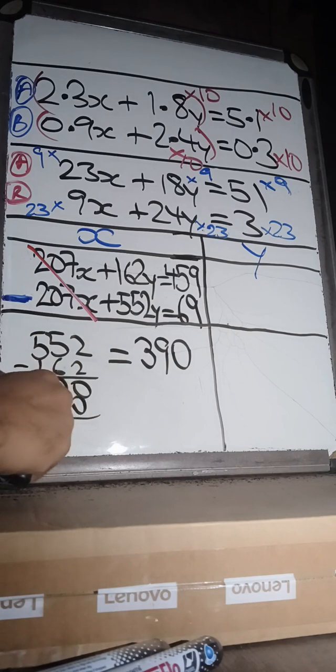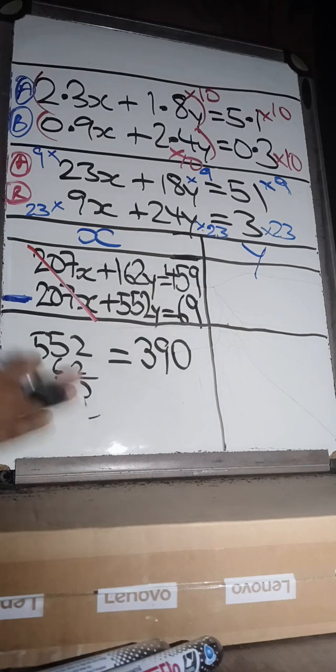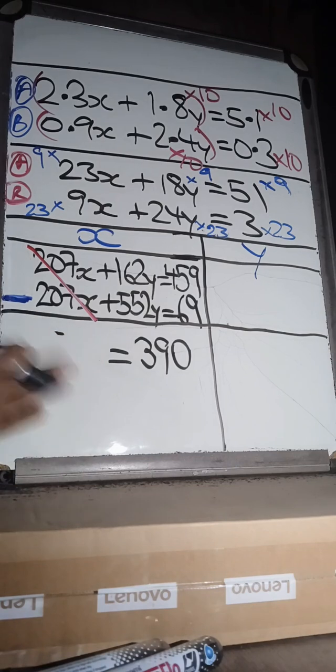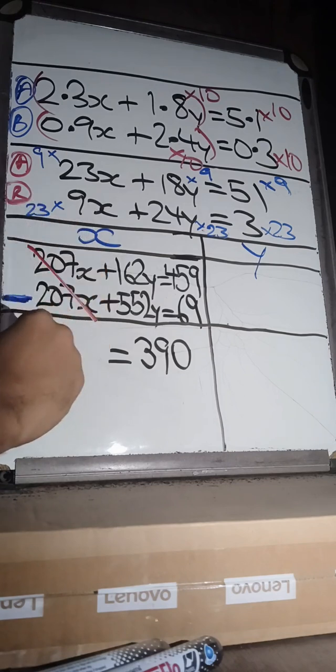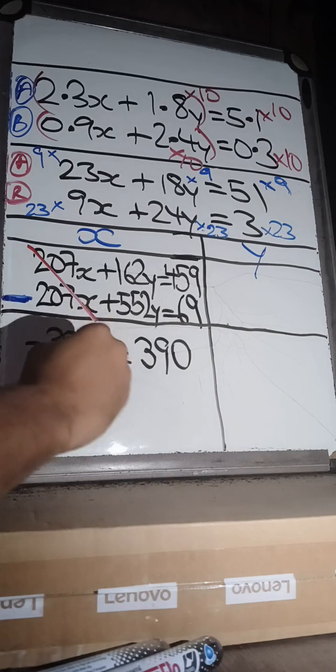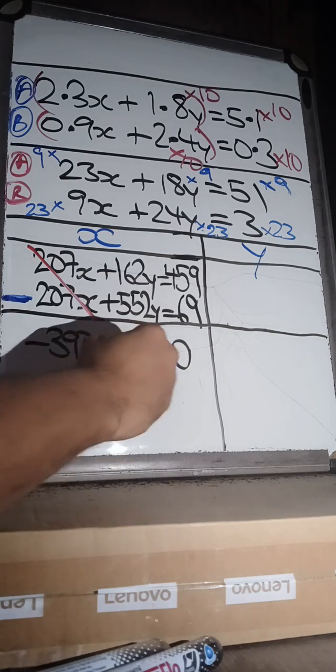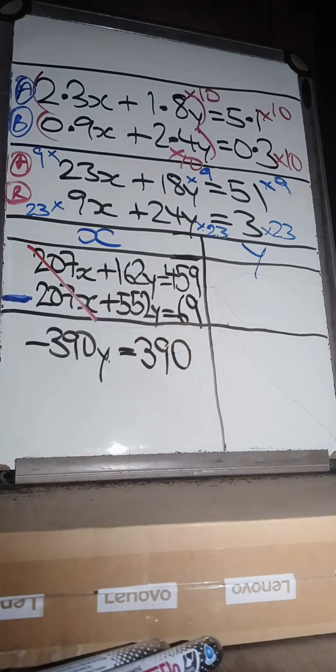Okay, alright. Okay, so we have 390 on both sides. Except for this. This will be a minus 390. Minus 390y.